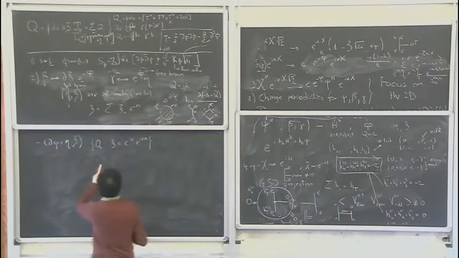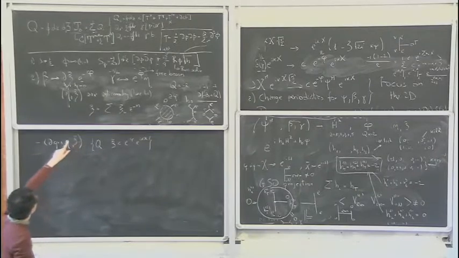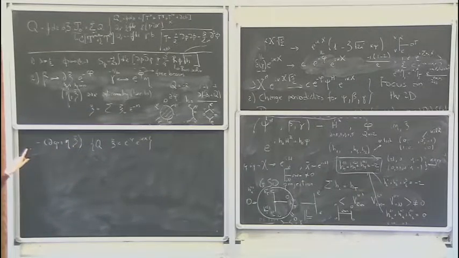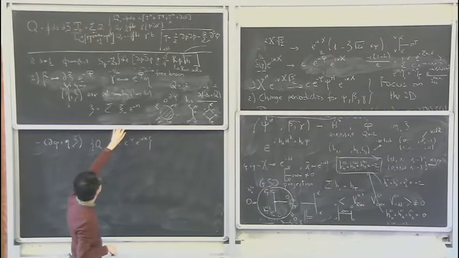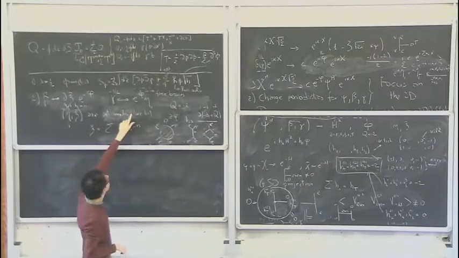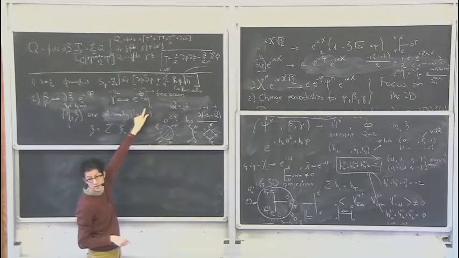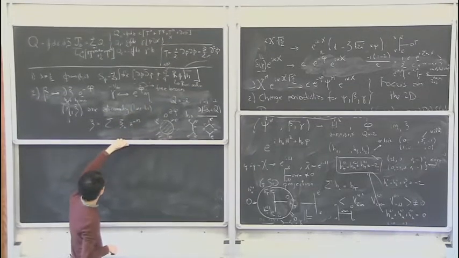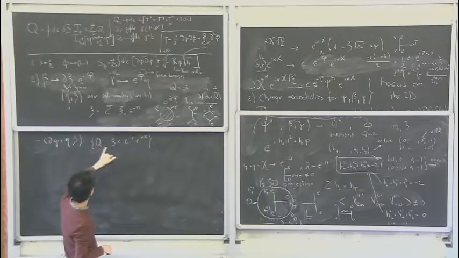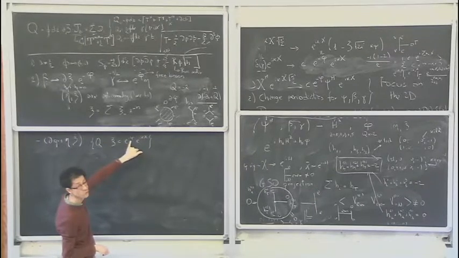And you immediately see, from that form of Qs, that Qs contains gamma, and gamma contains e to the phi eta. So when you do this calculation, you are increasing the value of e to the phi.